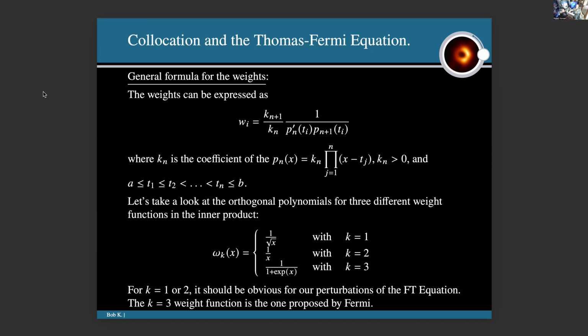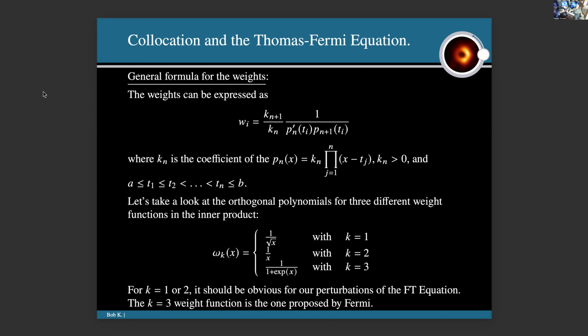So you need to know that as well. And so for the w sub i's, it's the ratio of the k's, 1 over the derivative of the p sub n times the polynomial p sub n plus 1. Each one is evaluated at the root of p sub n, t sub 1, t sub 2, to t sub n. So that's the procedure for the weight.